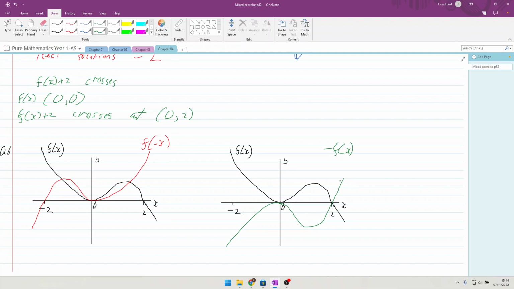Okay, so reflect in y, and this one is reflect in x. Okay, easy 4 marks. Question 7 then.